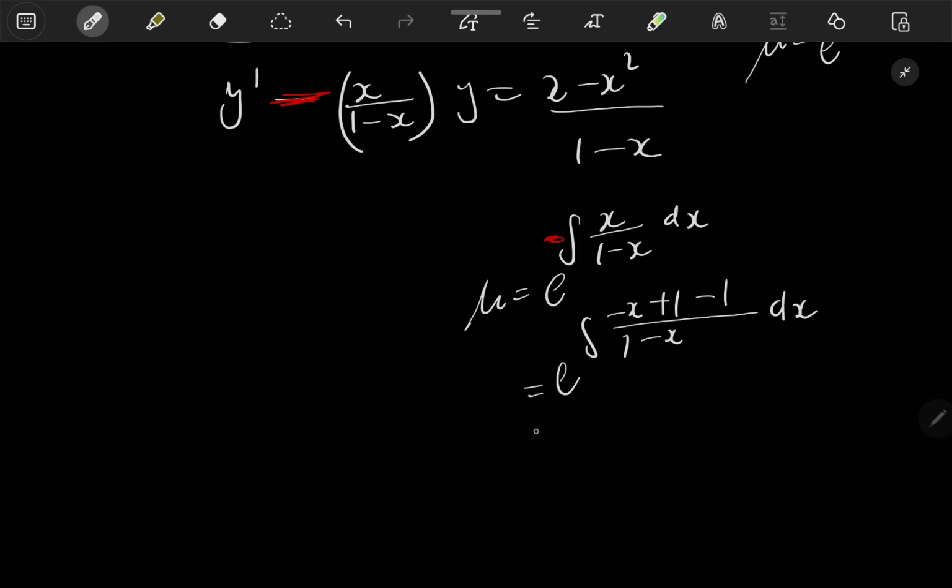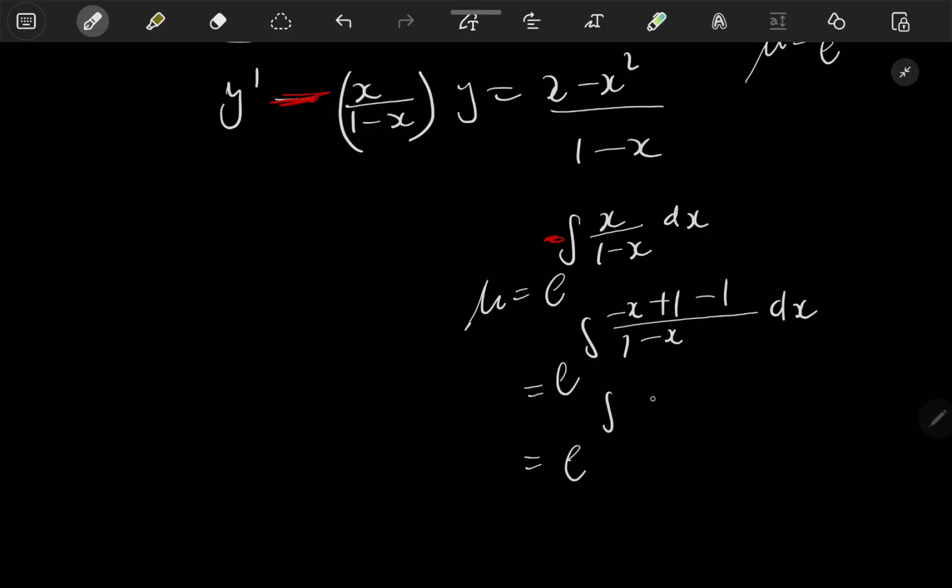Now let me integrate this because it looks easy. I can divide this term like that. This takes that and that takes that.